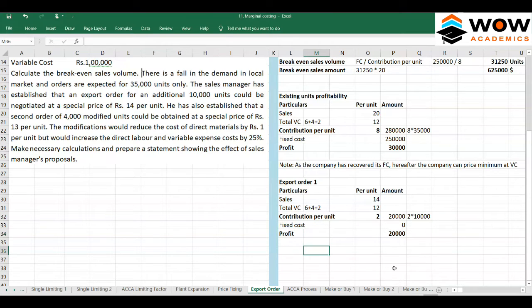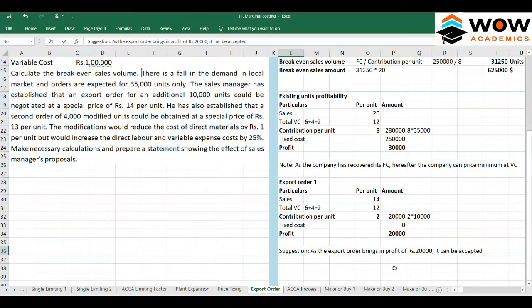So the concept is, again we can put a suggestion as: the export order brings in a profit of rupees 20,000, it can be accepted.